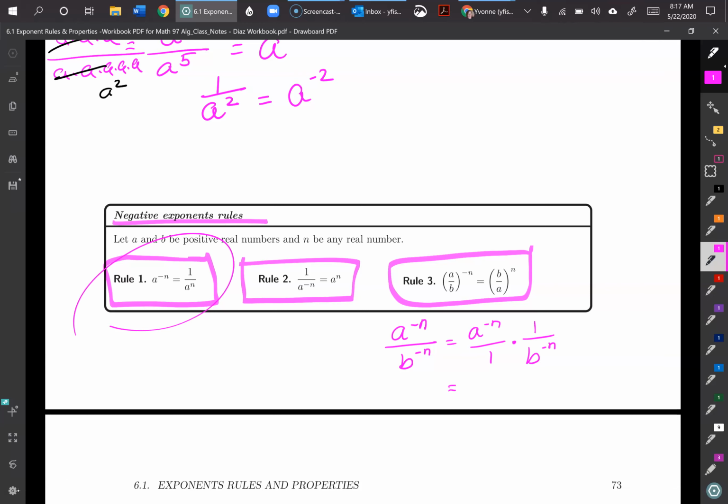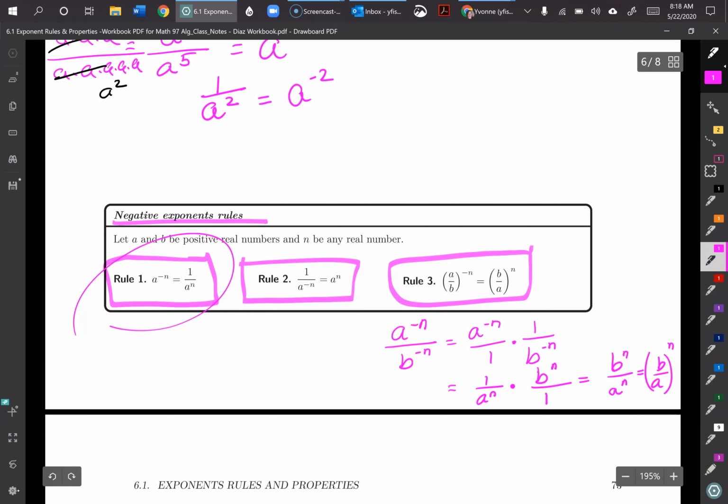And that would tell me that equals 1 over a to the n. Just switch the power around. 1 over b to the negative n, that would come up. Change the sign of the exponent, over 1. And we get b to the n over a to the n, and then b over a to the n is finally what we end up with there.